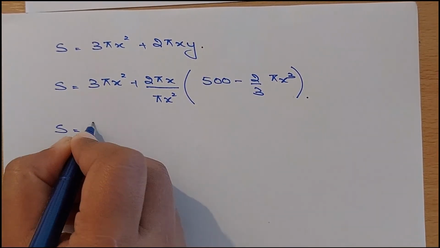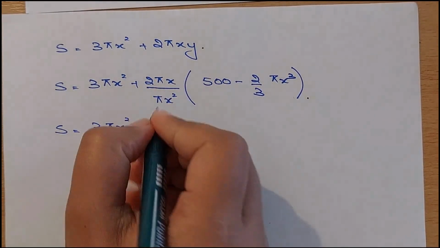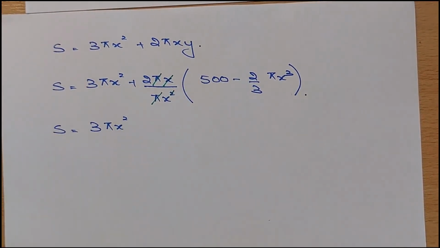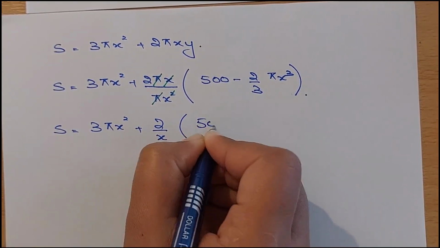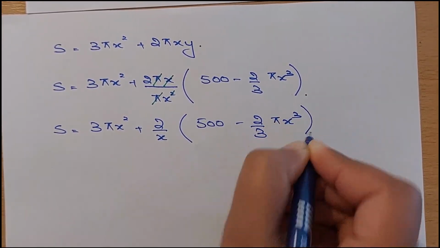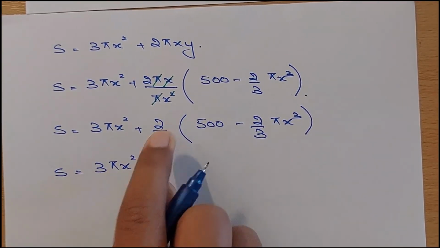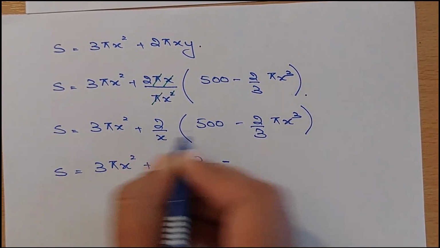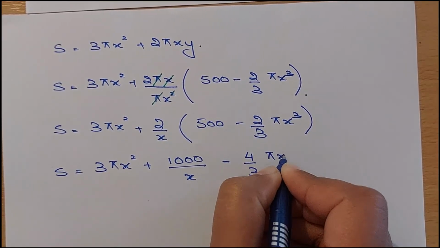So S is equal to 3 pi x squared. Let me simplify it now. So pi is cancelled with pi, this x is cancelled with this x, so 2 by x we are left with here. So plus 2 by x multiplying with 500 minus 2 by 3 pi x cubed, right? S is equal to 3 pi x squared plus 2 times 500 is 1000 divided by x, minus 2 times 2 is 4 by 3 pi x squared, since x is cancelled.